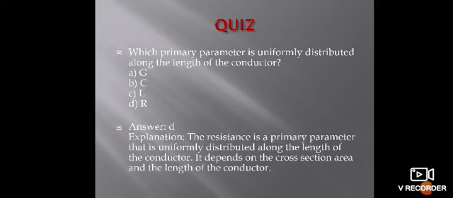That one is D. Resistance is a primary constant that is uniformly distributed along the length of the conductor. It depends upon the cross-section area and the length of the conductor. That means option D, resistance, is uniformly distributed along the length of the conductor. So that is the correct answer.